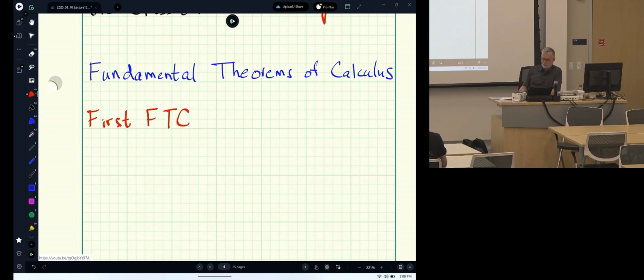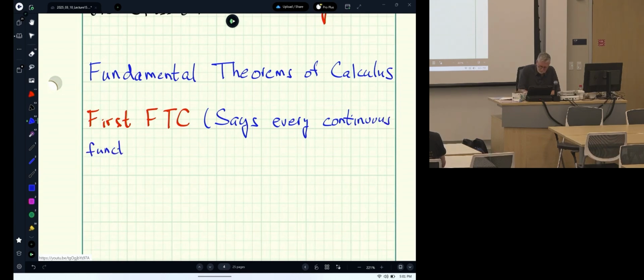First FTC, the first fundamental theorem of calculus. It says every continuous function has an antiderivative. Okay, so if you give me little f, big F is sitting out there as long as little f is continuous.